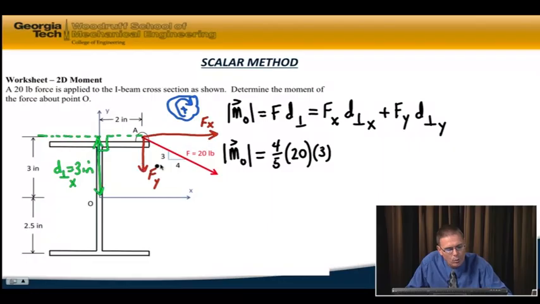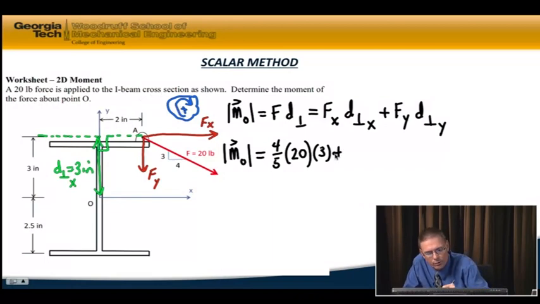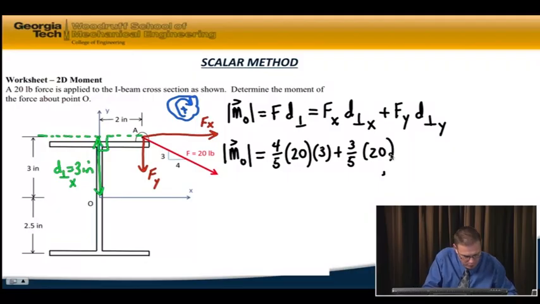Now I have f sub y by similar triangles. It's the 3/5 side. It's also going to cause a clockwise rotation, so it's going to be positive according to my sign convention. And like we saw in an earlier module, you could arbitrarily choose an opposite direction and you'd get the same answer for your sign convention. And so we've got plus 3/5 of 20, and we've got to find that perpendicular distance.